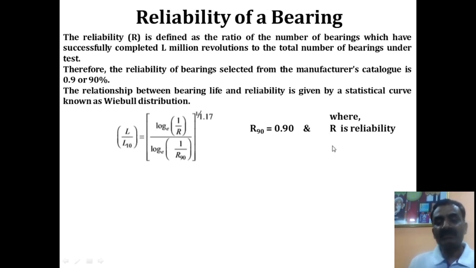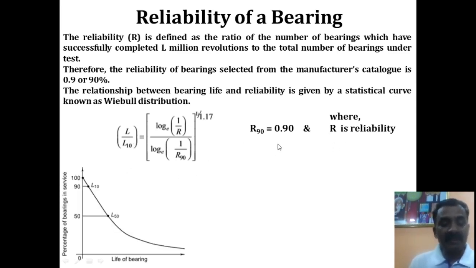Similarly, L corresponds to R and L10 corresponds to R90. And this is the Weibull distribution curve, which is for life of the bearing versus percentage of the bearing in service. That is, we can call it also the reliability. So as the reliability of the bearing increases, the life of the bearing decreases.